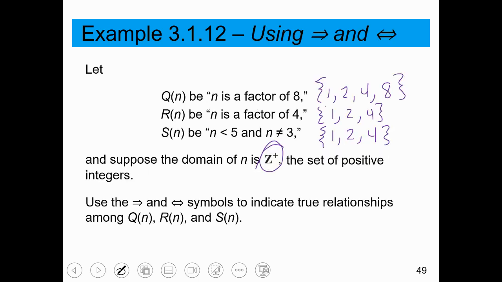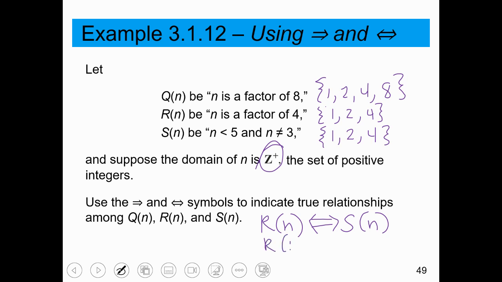And so we could write that, let's just go back and write it here. So I can see that R of n and S of n have the same truth set. And R of n, its truth set is a subset of the truth set of Q of n.